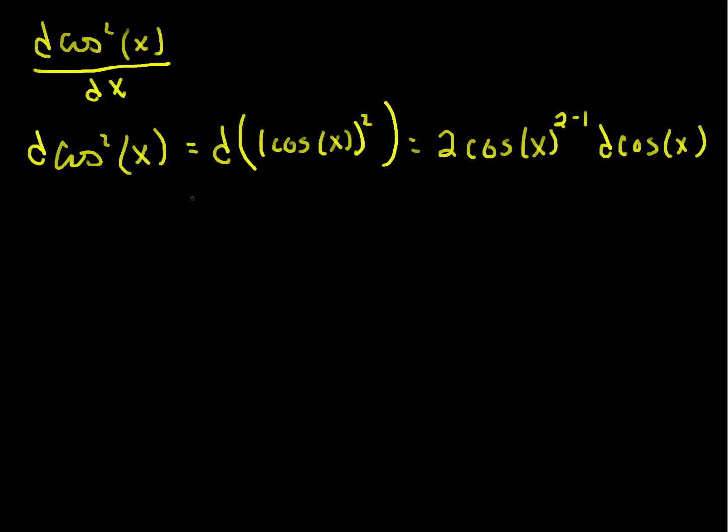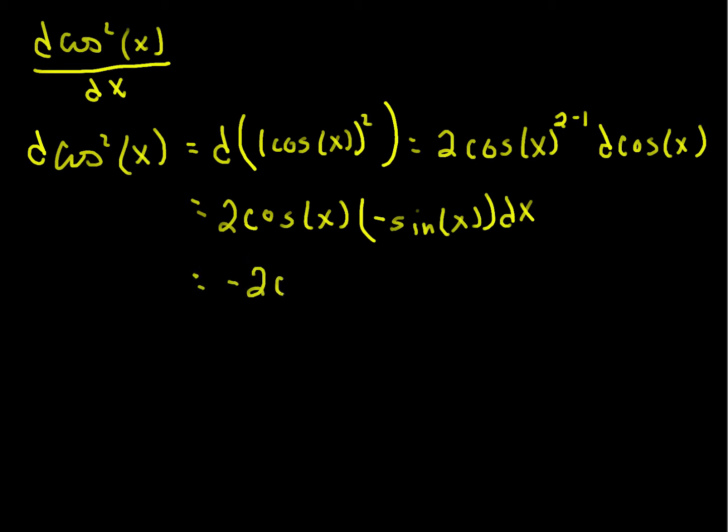And that's equal to 2 times cosine of x times, and the differential of cosine is minus sine of x dx. Let me write this a little bit more so you recognize that's a negative. So this is negative 2 cosine of x times sine of x dx.